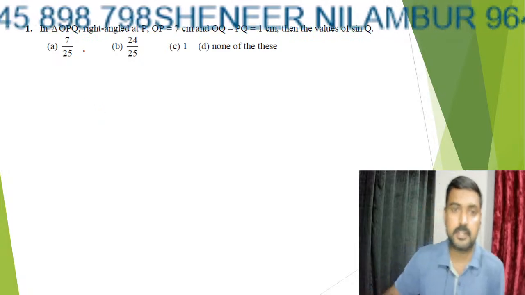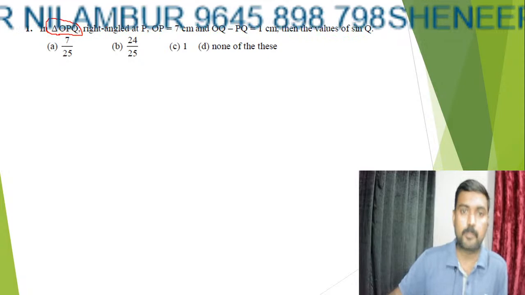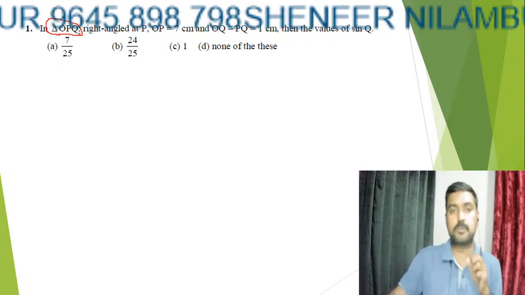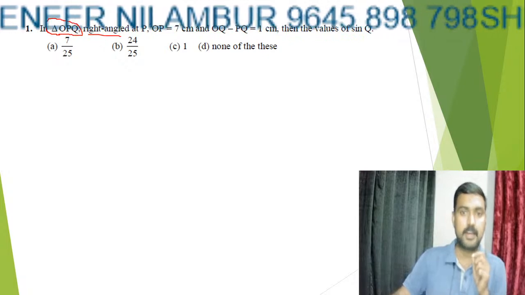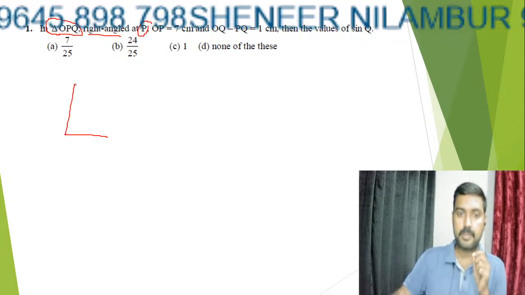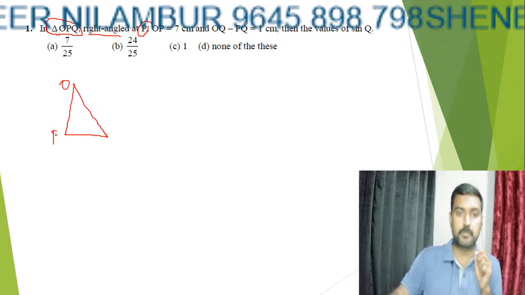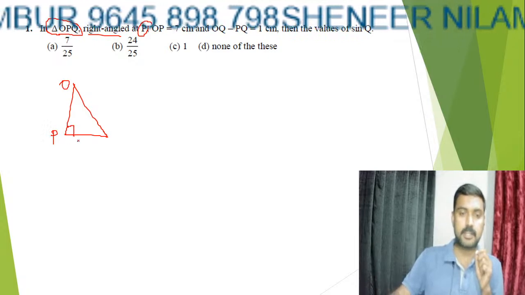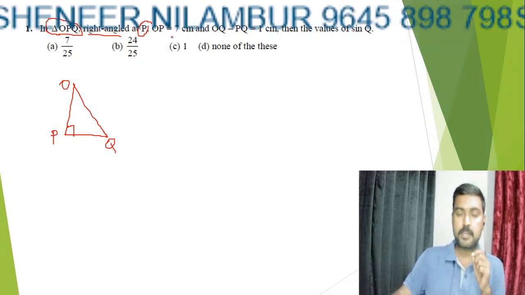Here the question, in triangle OPQ. So one triangle is there, OPQ. The main feature of the triangle OPQ is that it is a right angled triangle and the right angle is at P. So we can draw a triangle and give the name OPQ. The angle P should be 90 degrees because it is right angled at P. Then OP is equal to 7 centimeter.